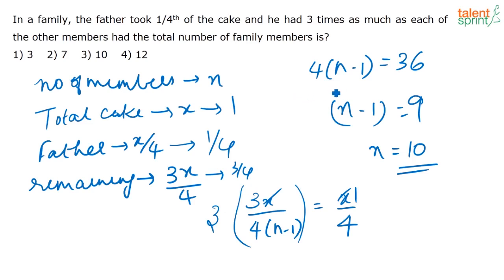So n minus 1 people are dividing 3/4 of the cake equally. So each person gets 3 by 4 into n minus 1. It is also given that the father's share is 3 times the share of each person. So 3 by 4 into n minus 1, that into 3 is equal to the father's share, that is 1 by 4 or x by 4. Cancel out, you get n is equal to 10.